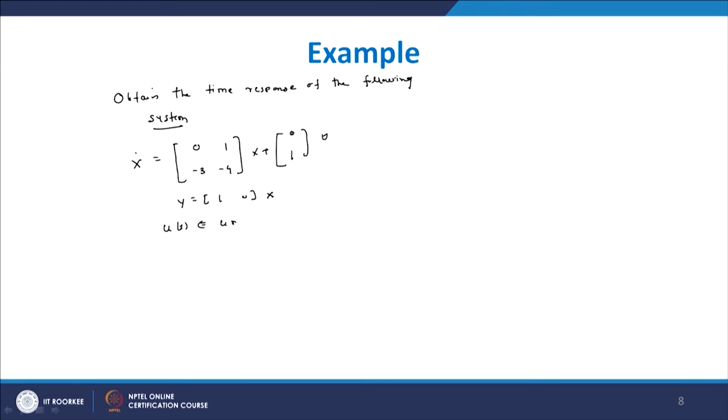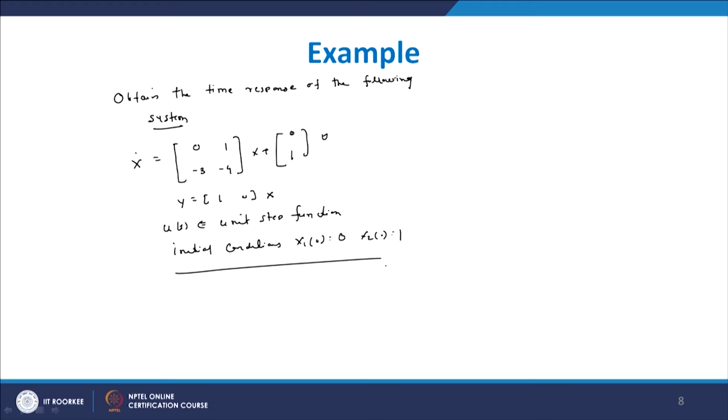And the initial conditions are x1 of 0 equals 0 and x2 of 0 equals 1. This is the initial condition. Now, this is your state model, and our purpose is to get the x of t.